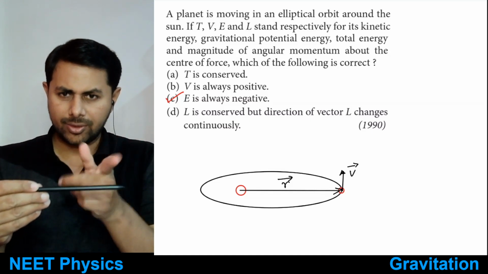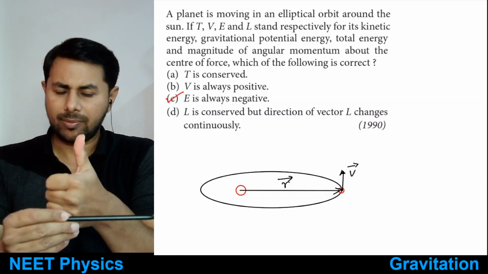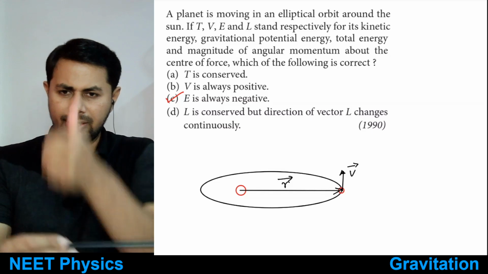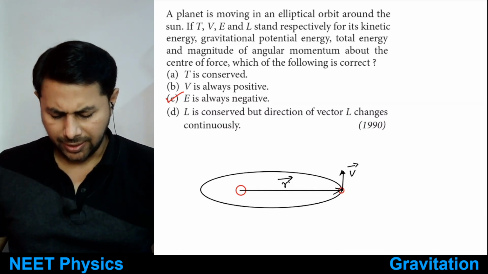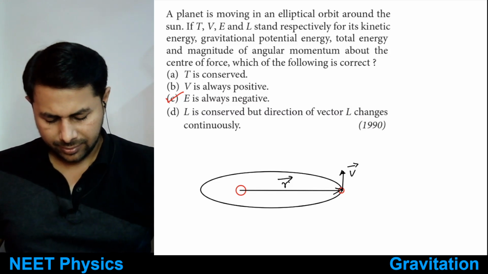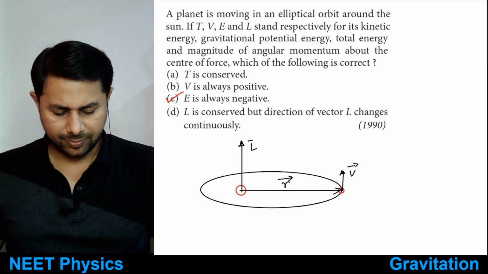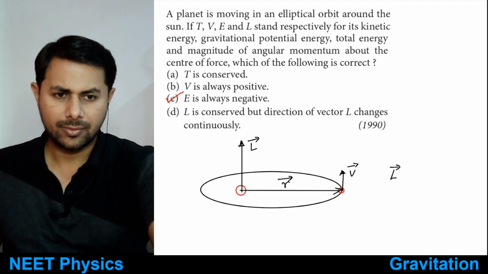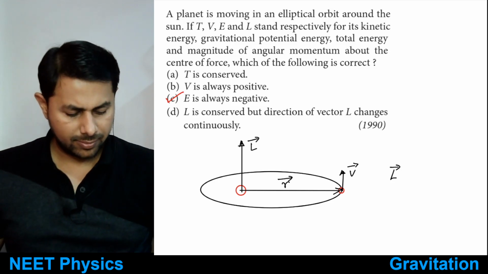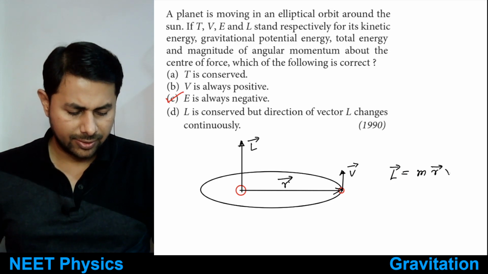If you take the cross product of them, then r bar cross v bar will give you what? A vector perpendicular to both of them, that is, r bar as well as v bar. So it is along the axis of revolution, right? So this is L bar, which is m times r bar cross v bar.